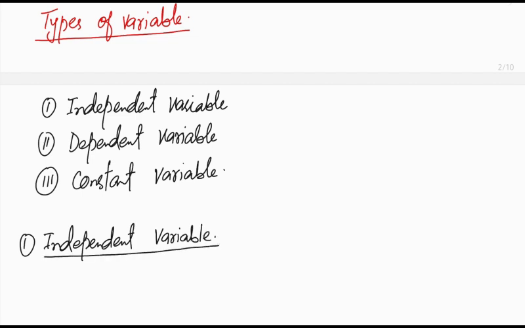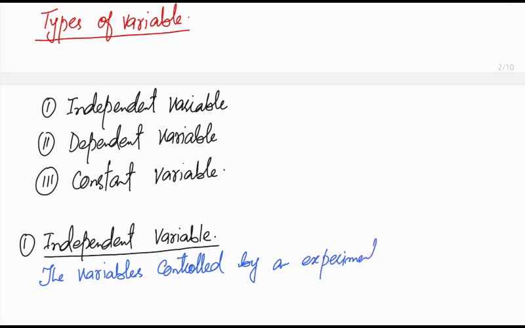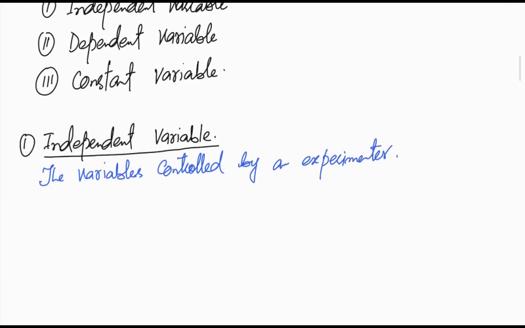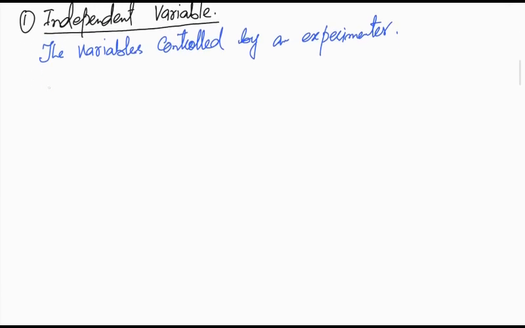Independent variables are the variables controlled by an experimenter. For example, if you see in this experiment investigation, we have the temperature.